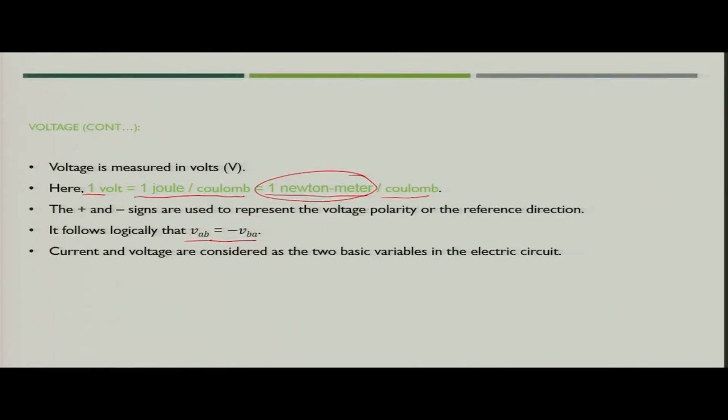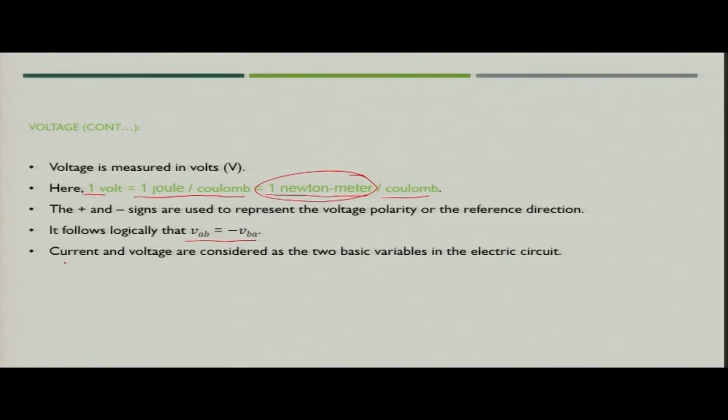You will simply say VAB is nothing but minus of VBA. Basically you are interchanging the terminals of the element, and you eventually get the negative of what we have shown in the previous figure.